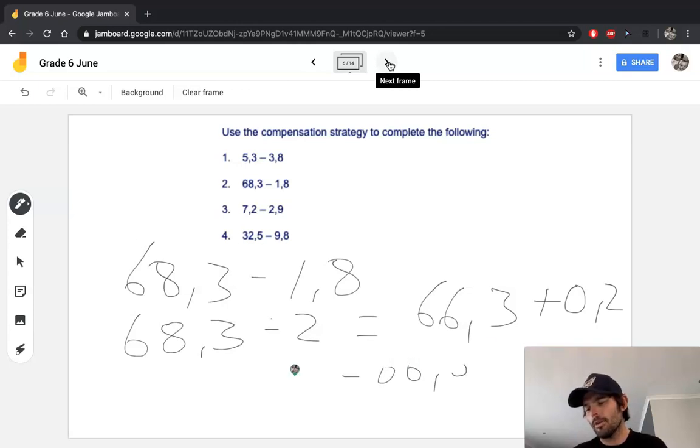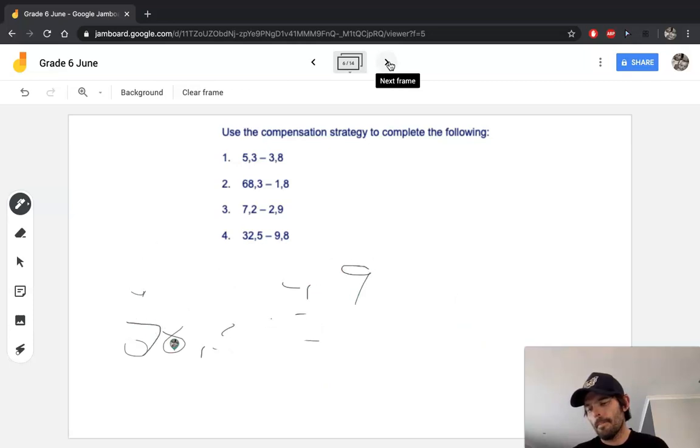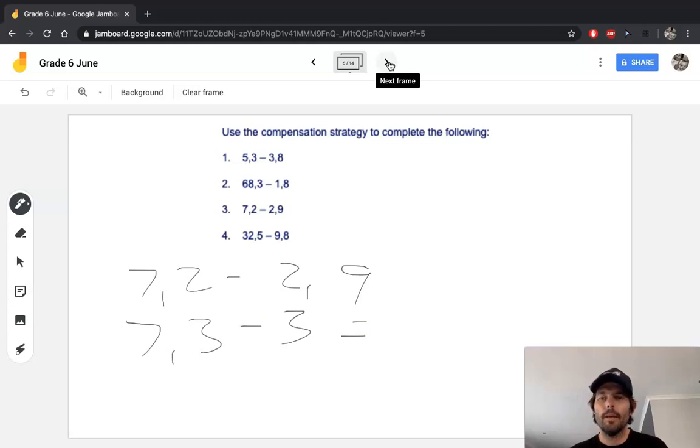Okay? For question number 3, I'm going to round off the 2,9 to 3. Okay, that's my closest whole number. And I think that's a little bit easier to work out. That's going to be 4,3. I've subtracted an additional 1/10, so I must give that 1/10 back, and that's going to give me an answer of 4,4.